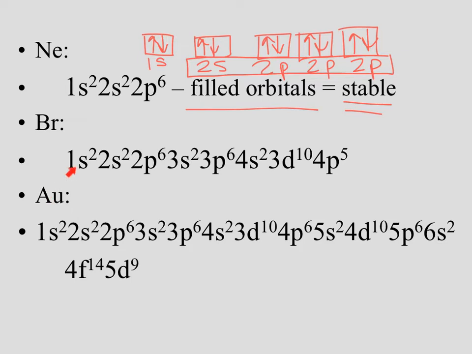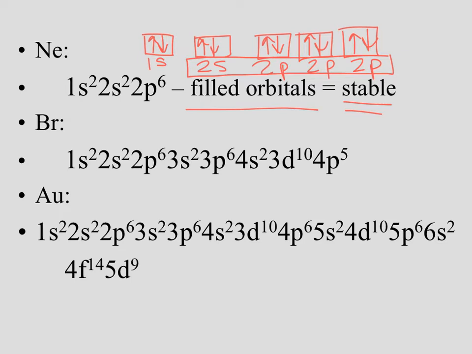So 1s2, 2s2, 2p6, 3s2, 3p6, 4s2, and again, we can't forget after 4s comes that first row of the transition metals, 3d10, because there are 10 elements in that row. And then going left to right, 4p5 comes next, and it's the 5th one over. And again, adding up all the exponents will total the atomic number for that element if you did it correctly.